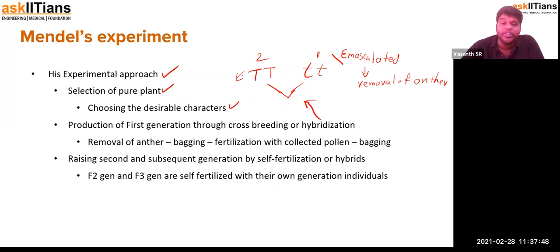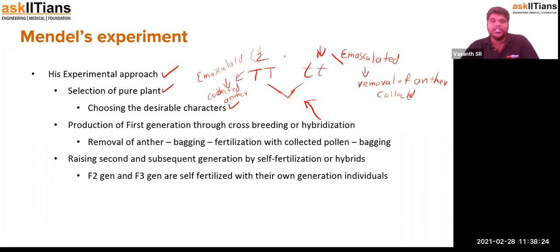Instead of removing the female reproductive part, he again emasculated and collected the anther. By this process, the anther collected from the second plant will be used on the first plant, and the anther removed and collected from the first will be used on plant 2 to actually undergo pollination.